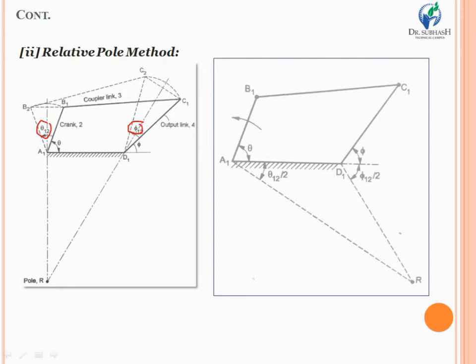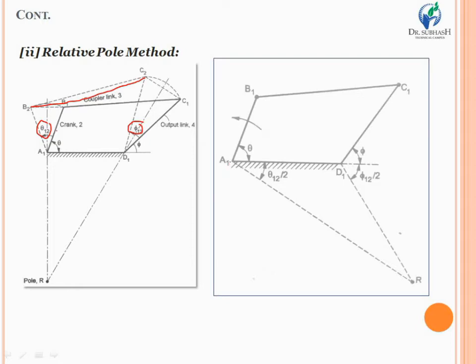That means, because all the links are internally connected, if you give some angular displacement to the initial link A1 B1 to reach the final position A1 B2, simultaneously the end link D1 C1 also rotates by an angle phi 1 2 and has a new position like D1 C2. And due to this rotation of both crank 2 and output link 4, of course the coupler link number 3 also finds its new position like B2 C2.